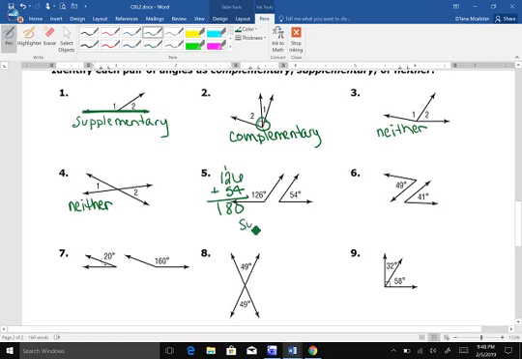They are supplementary angles. How about number 6?